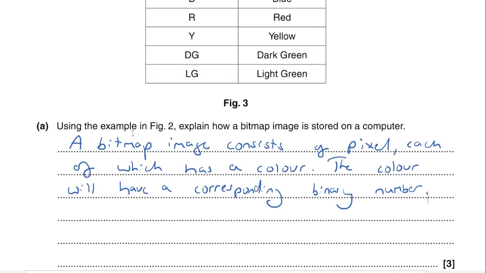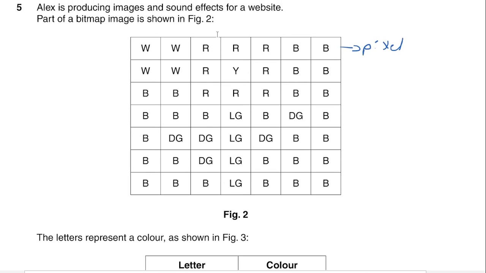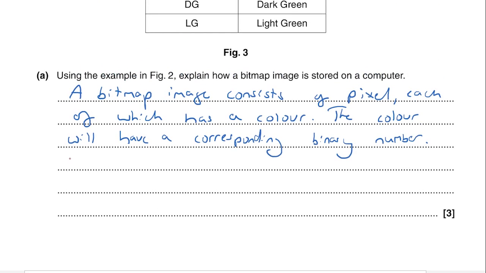So, I mean, we can say like W or white. Oh, let's just do e.g. W white equals 0, 0, 0 in binary, and that should be sufficient. That should be a sufficient example to kind of prove we understand it.